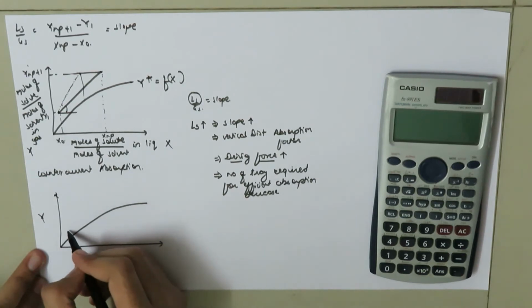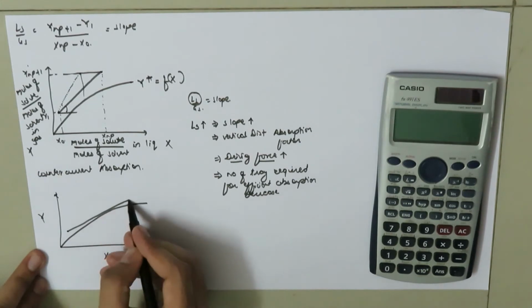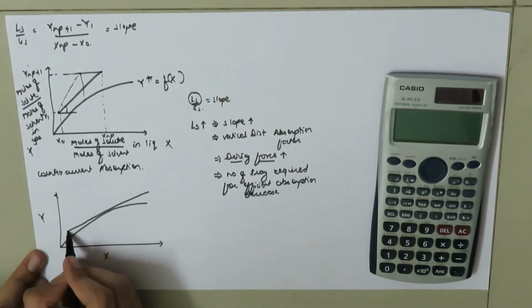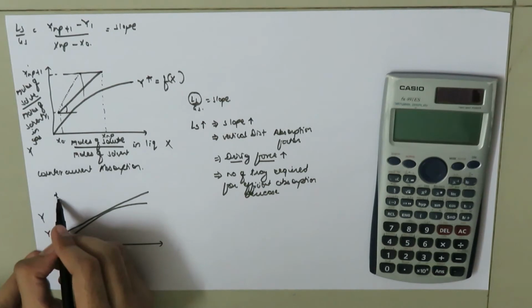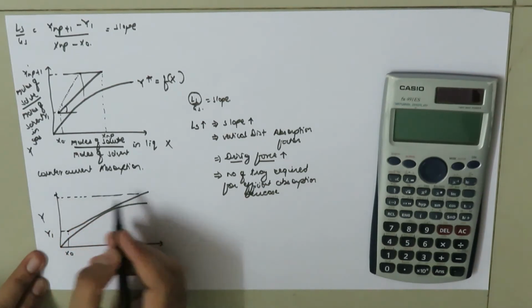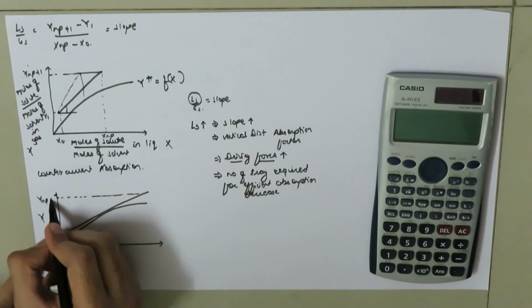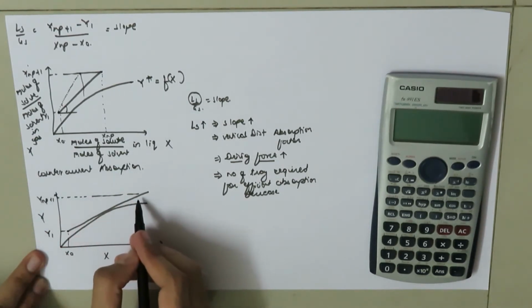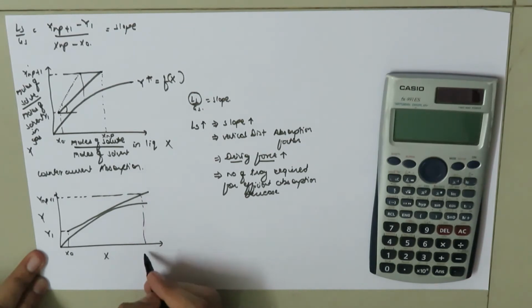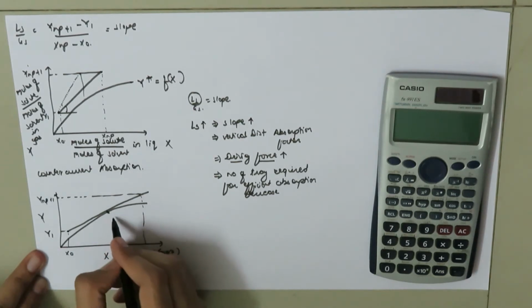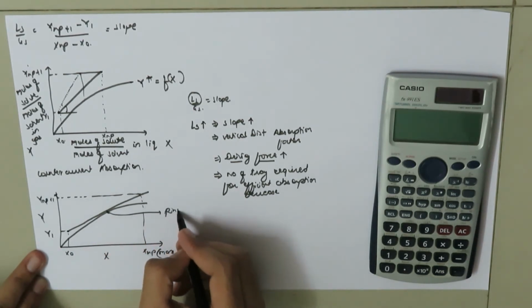If we draw our operating line which touches this equilibrium line in this form, this is our X0, this is our capital Y1, and here we have capital Y_{Np+1}, and the point which touches the operating line, this corresponding point, is called X_{Np} max, and this point is also called the pinch point.